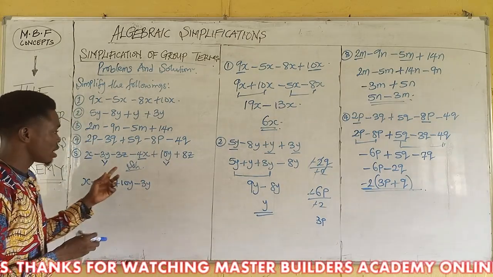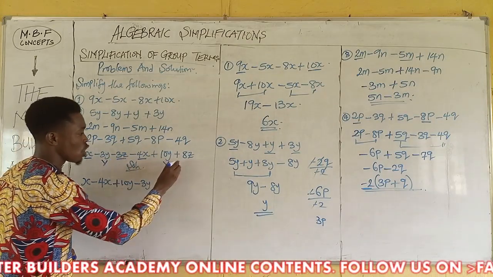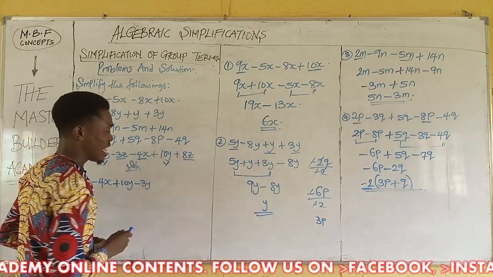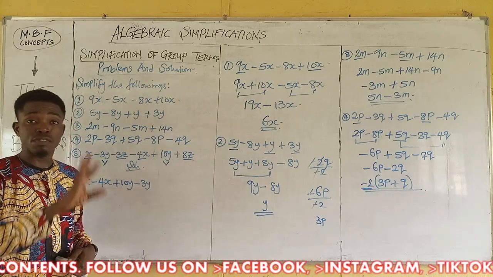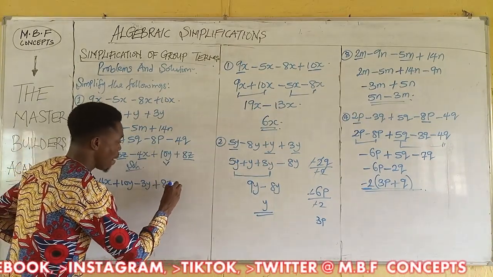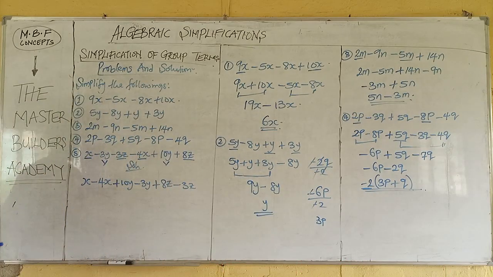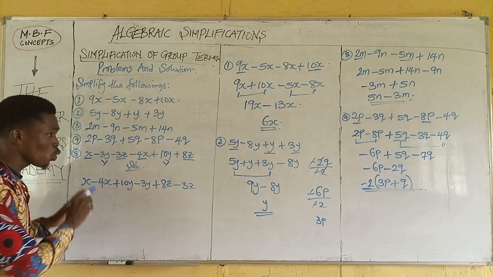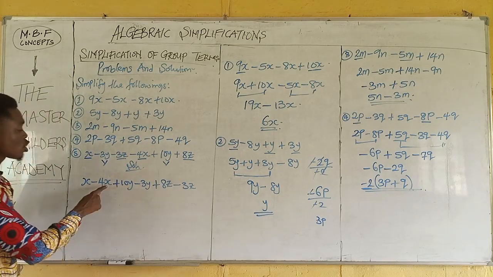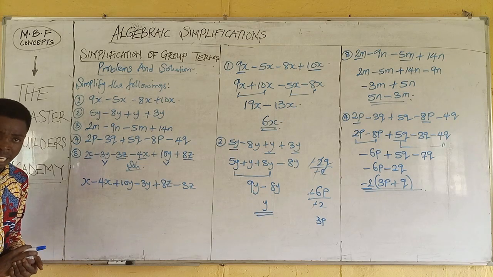Then we come to Z. For the Z aspect of it, we have minus 3Z and we also have plus 8Z. Now still following the condition that positive comes first, we are going to have plus 8Z minus 3Z. Easy. Guys, the next thing we are quickly going to do at this point is to remove 4X from 1X.